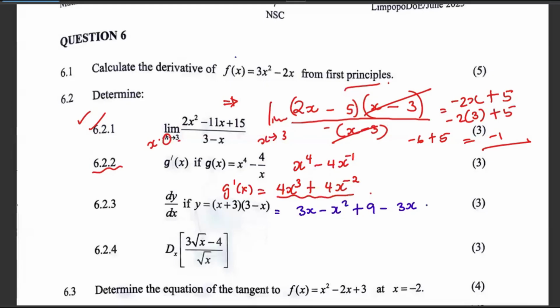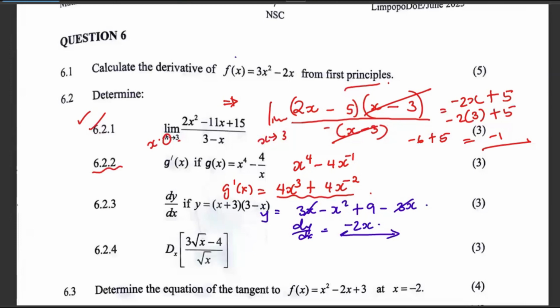Okay, that's your y. So this cancels that. We're left with negative x squared plus 9, meaning that dy/dx is going to be negative 2x. 9 is a constant, so it has no derivative, or its derivative is 0.